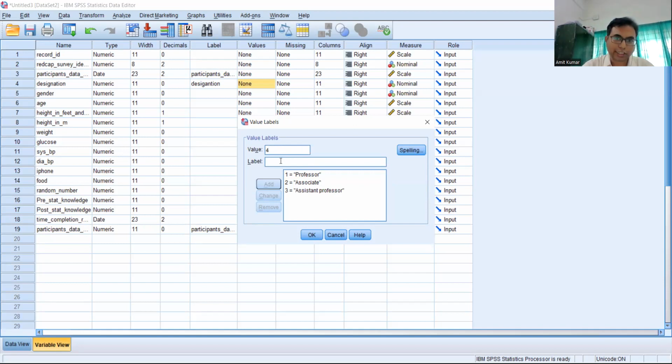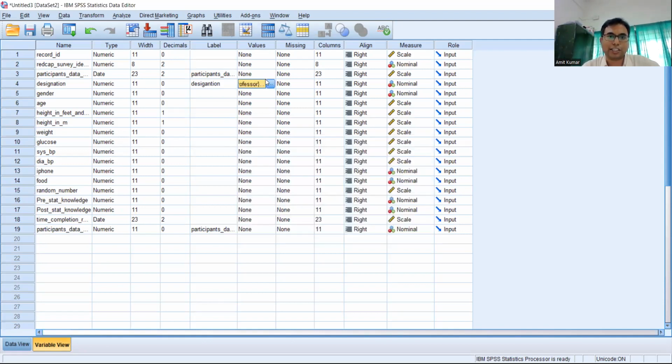Now for SR, JR, SR, and code 5 I had given for the others. That labeling I have to do so that we can interpret our analysis very clearly. After doing all, we will click OK, and after the OK, you can see SPSS now knows the meaning of code 1 and the meaning of code 2.